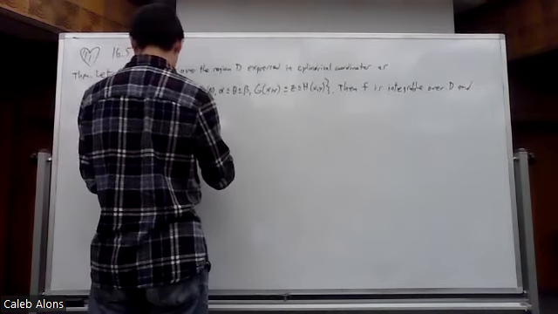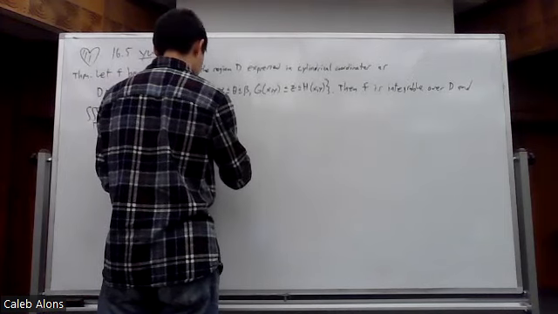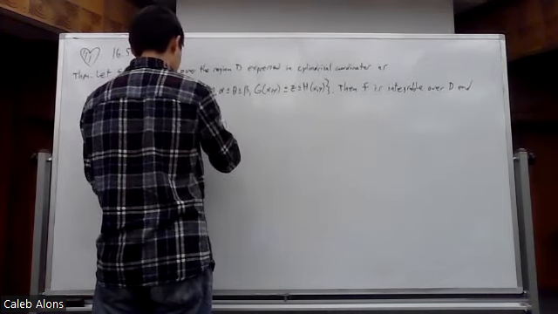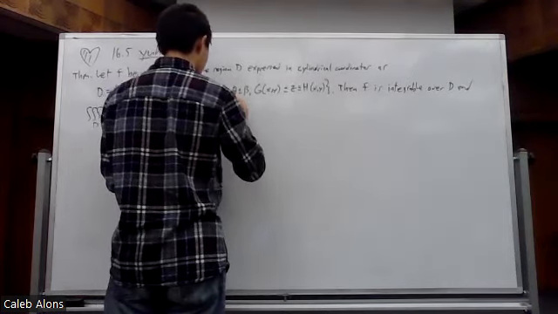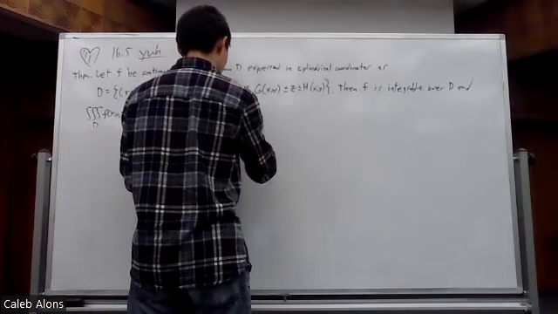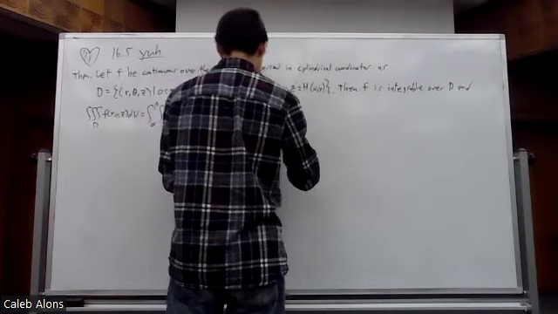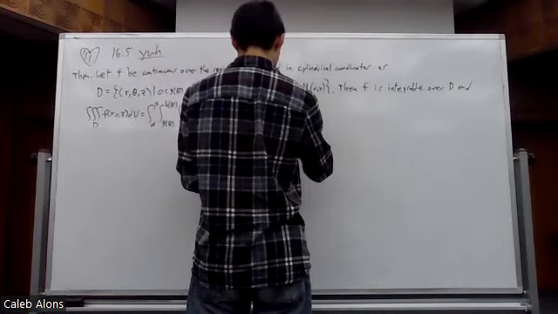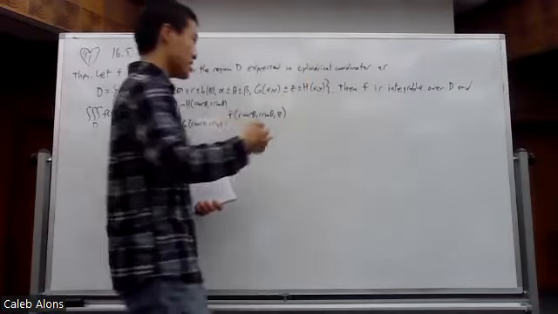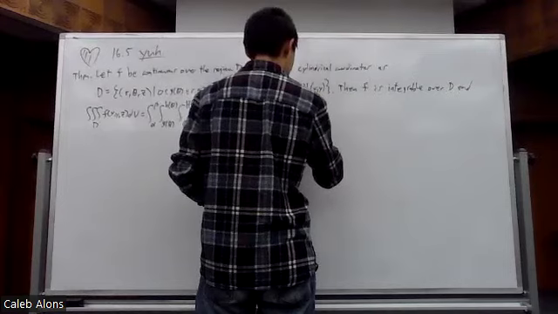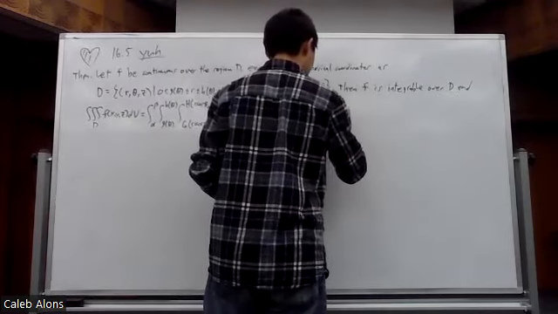Here x is r cosine theta, y is r sine theta, so the bounds are g and h of r cosine theta, r sine theta, and our function f is now written as f of r cosine theta, r sine theta, and z. Now, it's dz dA. Got it? dV is dz dA. So dz, and then what is dA in polar? r dr d theta.